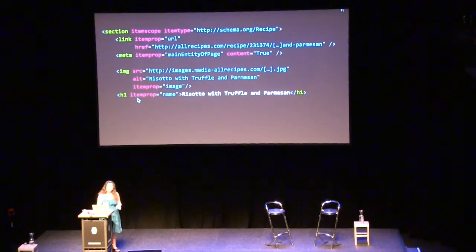Note that RDFa, microdata and microformats all have a concept of where the data is. The data is not always in the contents of the element. In most elements, the data are inside them. Like in an H1 element, the data is "Risotto with truffle and parmesan", which is the element's contents.